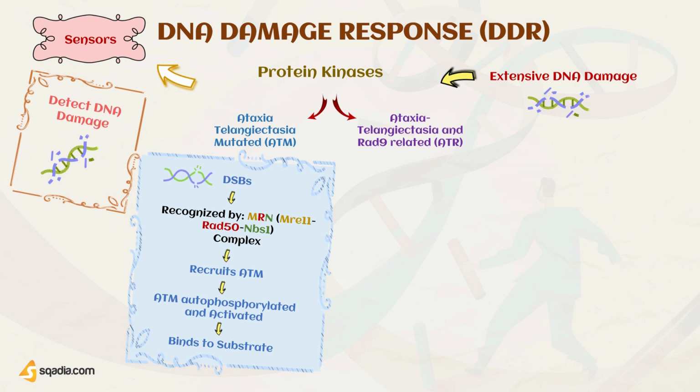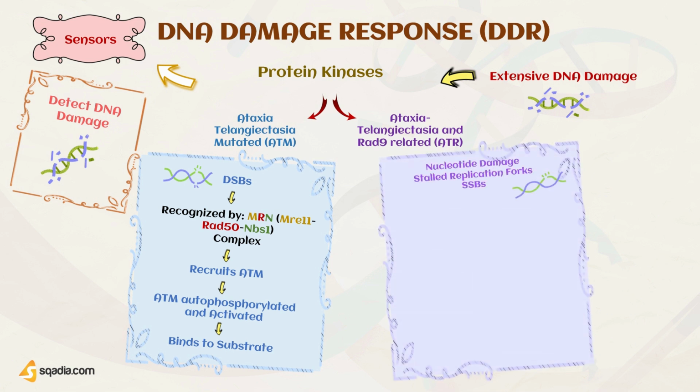Now, when it comes to ATR, or ataxia-telangiectasia and RAD3 related, it is activated in response to damages, such as nucleotide damage, stalled replication forks, and single-strand breaks, or SSBs.